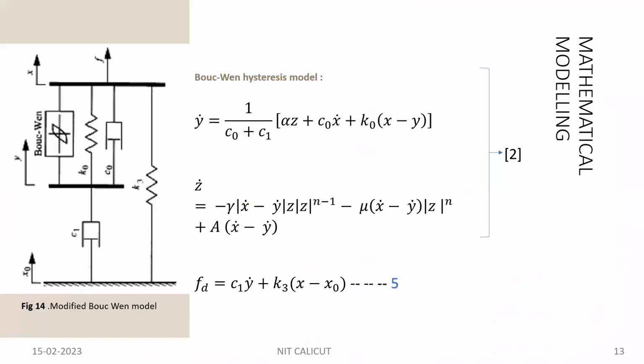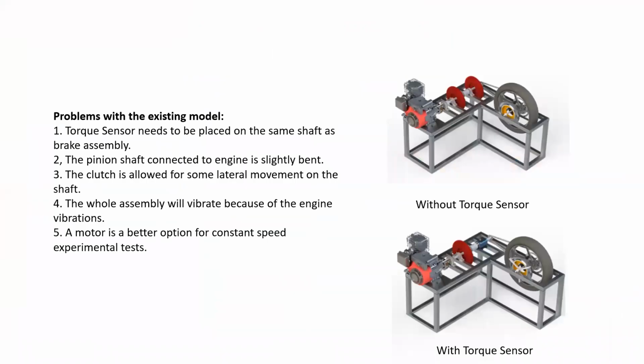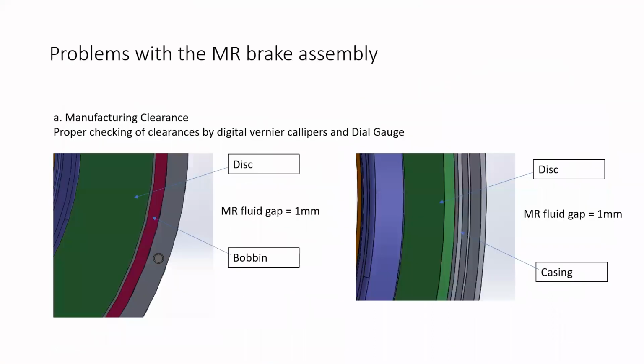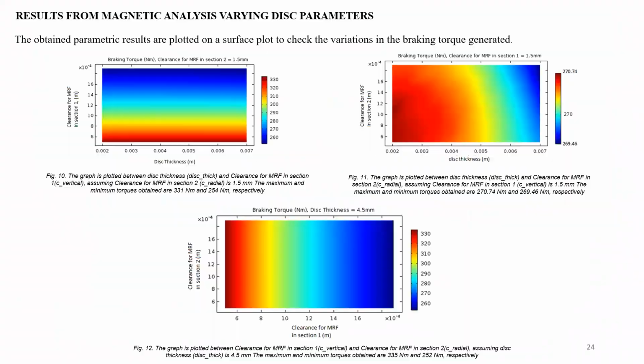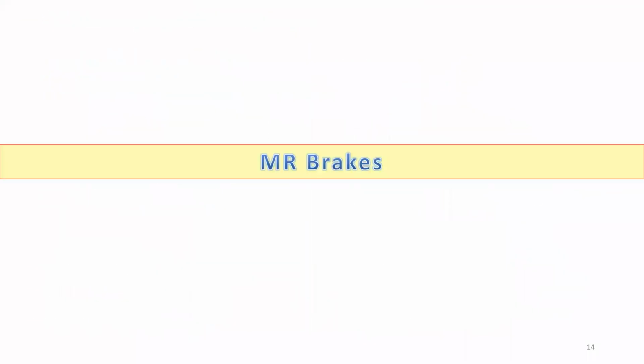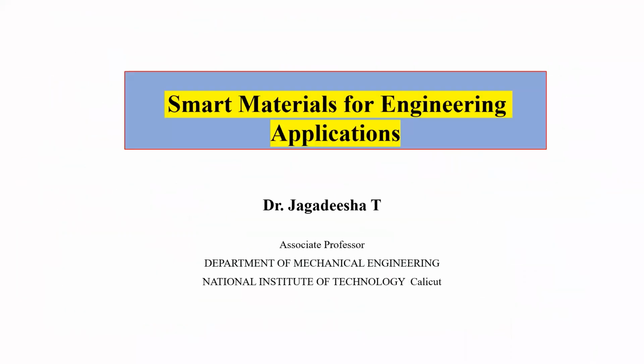Are there any questions from the participants? Please type, or you can also unmute and ask. If you're having a mic problem, you can type in the chat box. I will try to answer.